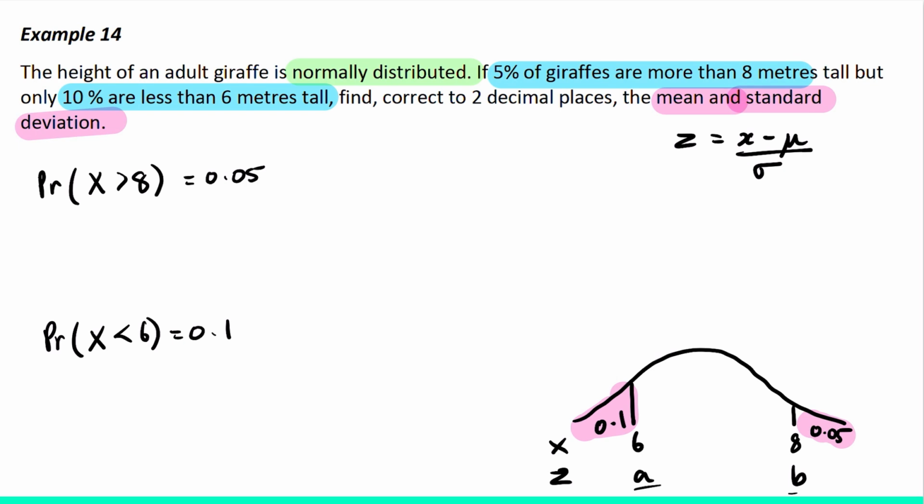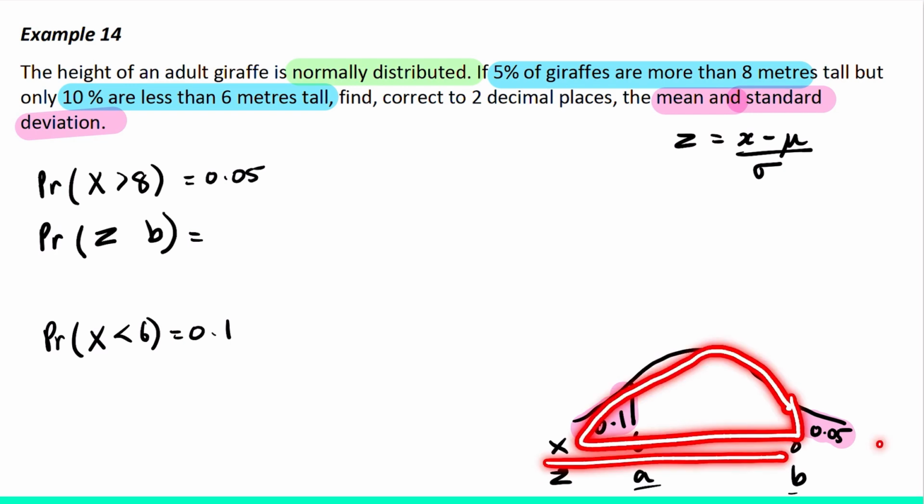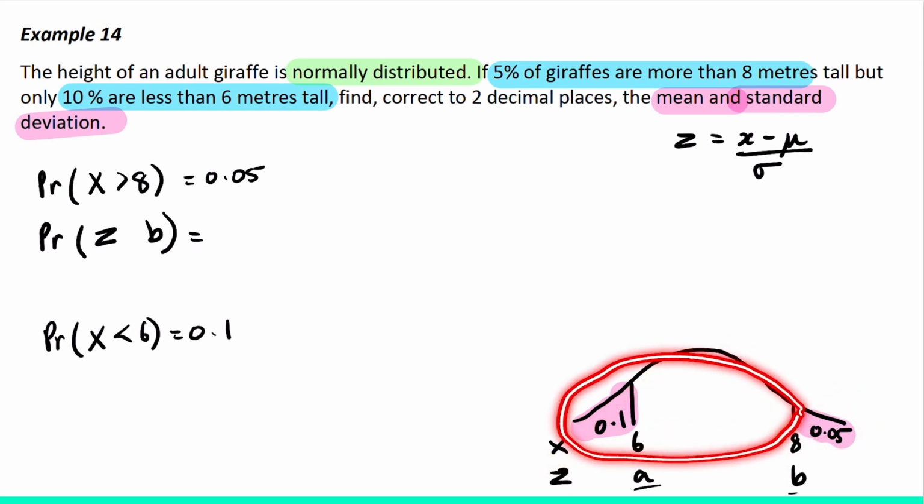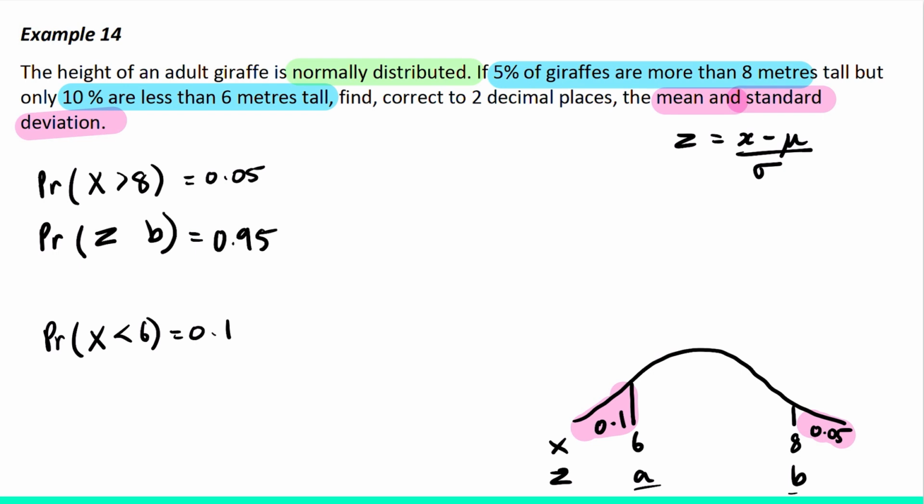Now, there's two things that are going to happen at the same time. The first thing I'm going to do is write it in terms of Z, and A would correspond to B. But because I know I'm going to use the inverse normal, remember inverse normal is always from infinity to the value. So I need to use this section, not this section. I know above 8 is 0.05, but because inverse normal always works with below, that's going to be equal to 0.95. So I want Z less than B is 0.95.